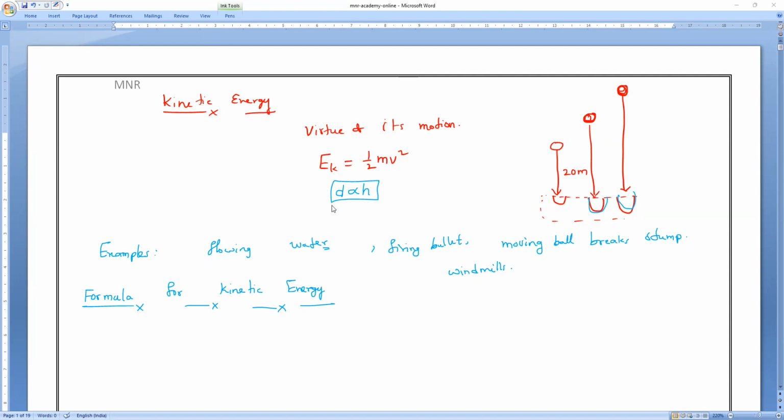Let us consider a body of mass M initially at rest. So initially at rest means, what is the initial velocity, everybody?